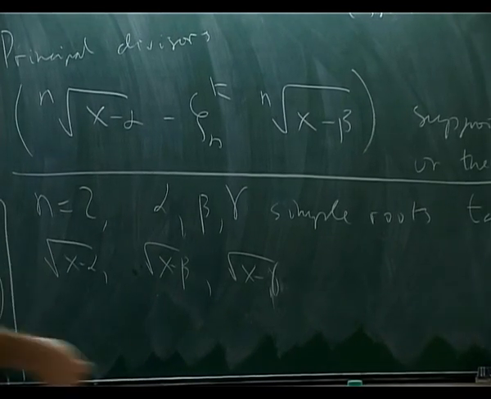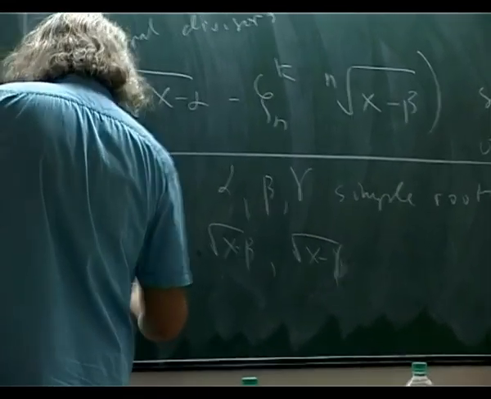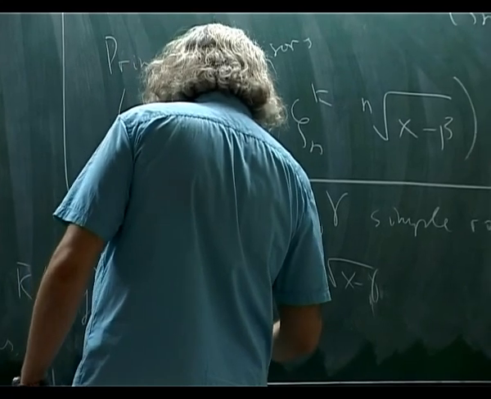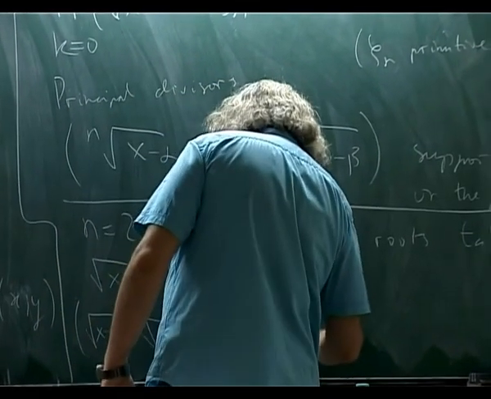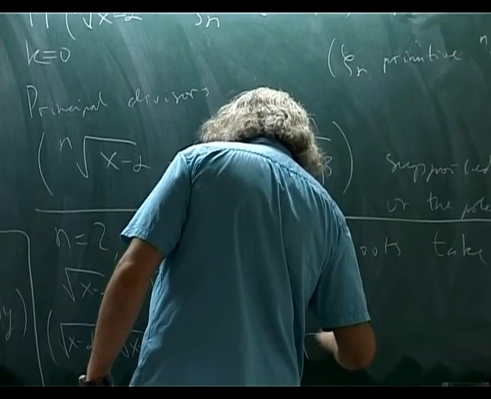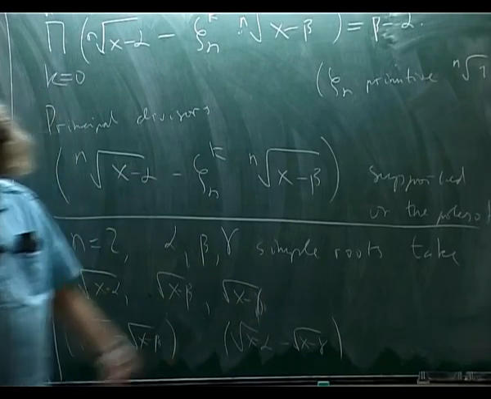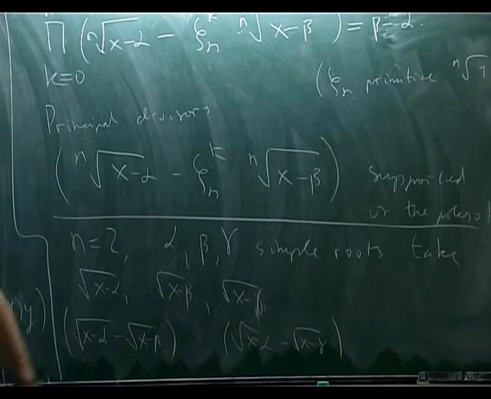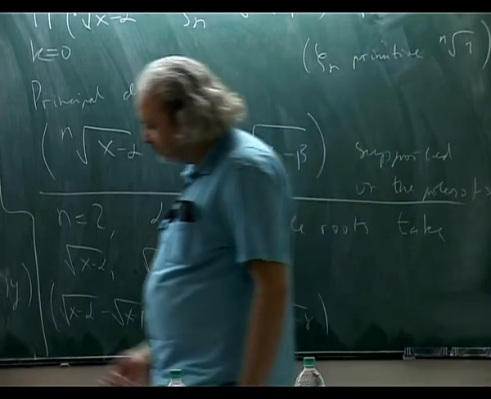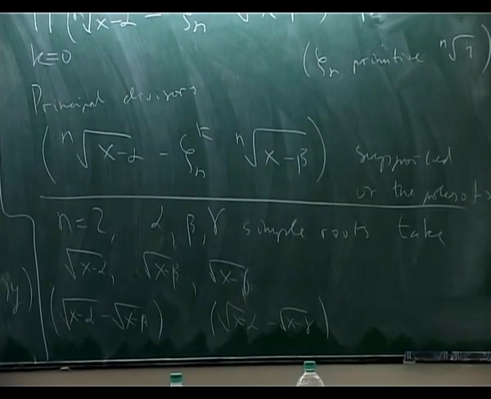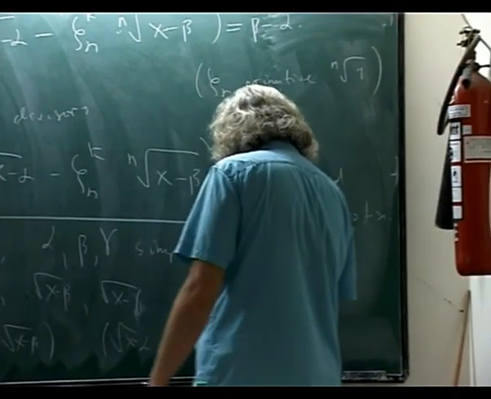But what we can take are principal divisors square root of x minus alpha minus square root of x minus beta, and square root of x minus alpha minus square root of x minus gamma. And again, independent principal divisors.